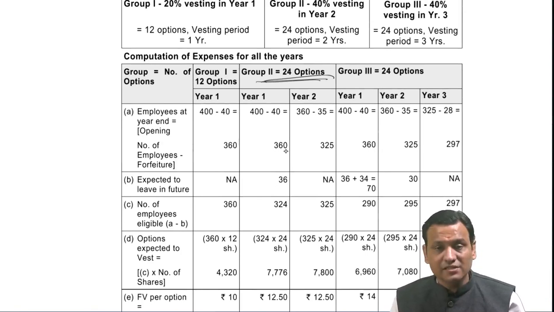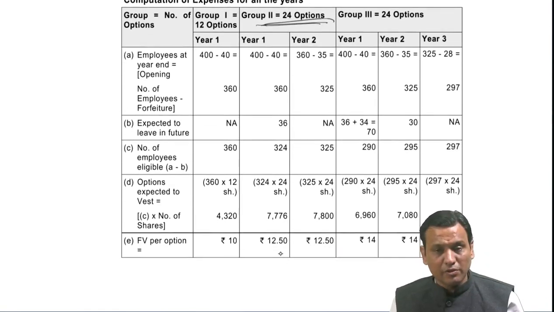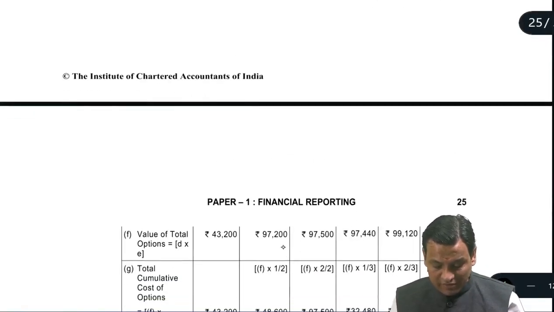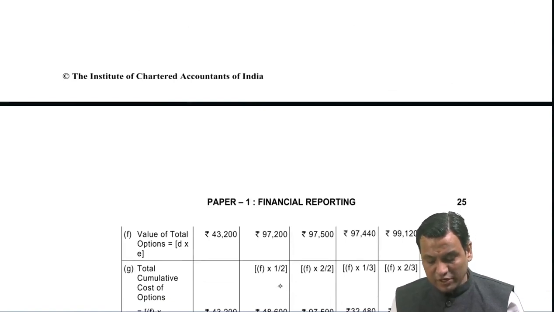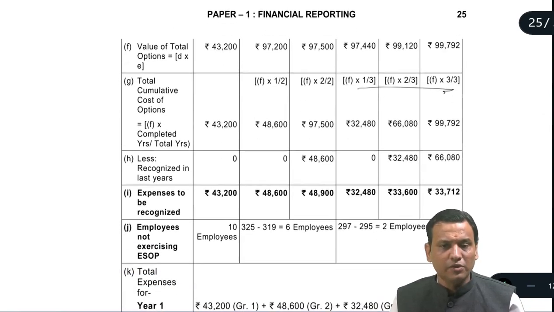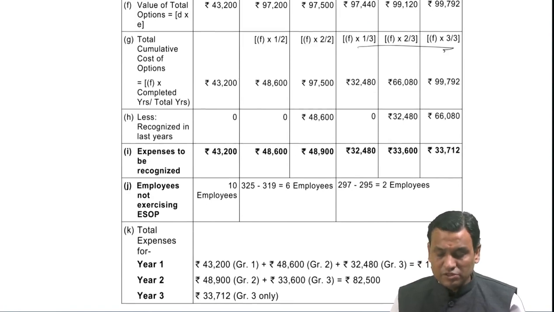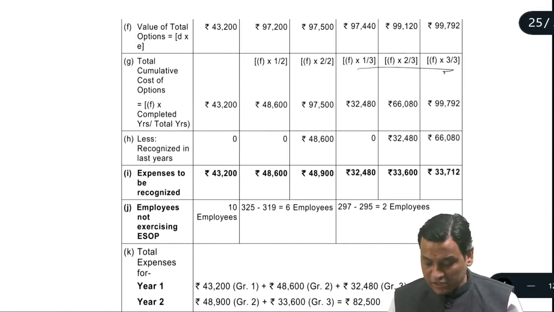Here 360 employees are there, expected to leave in future is 36, so we have 324 into 24 number of options, so 7,776. Fair value is 12.50. This total fair value will be divided over the vesting period, that is 1/2, 2/2, and of course for group 3 year 1/3, 2/3 and 3/3. So I don't think we need to again invest more time for this question. It's just an arithmetic part for us, friends.